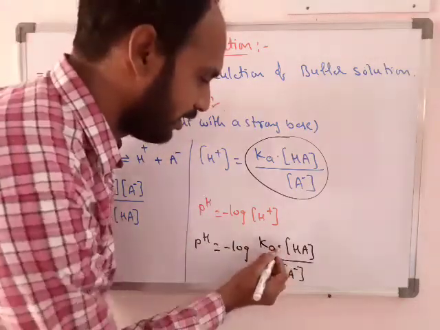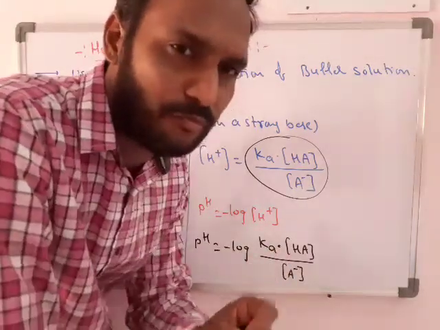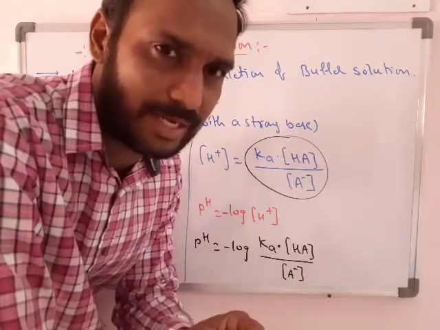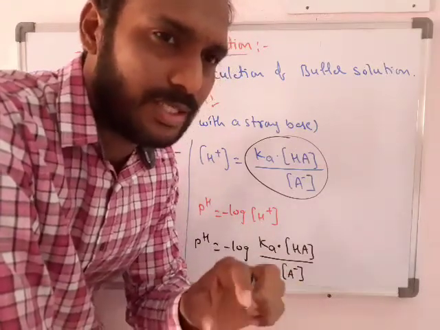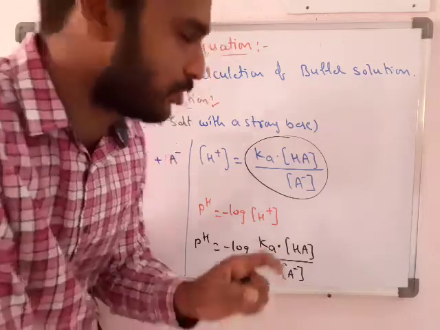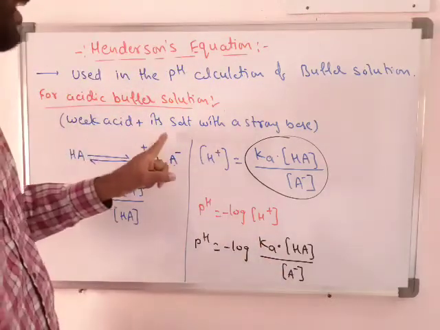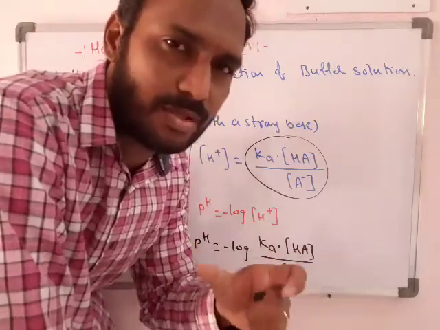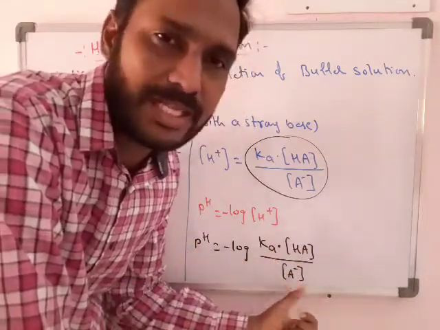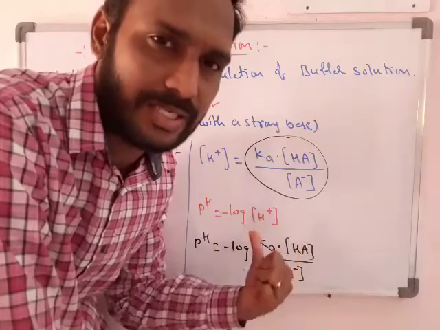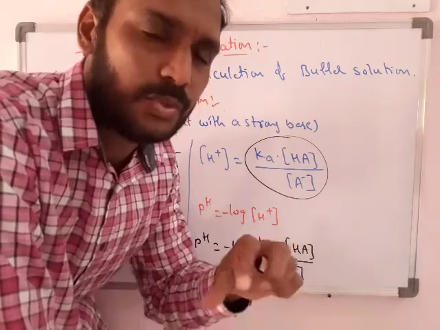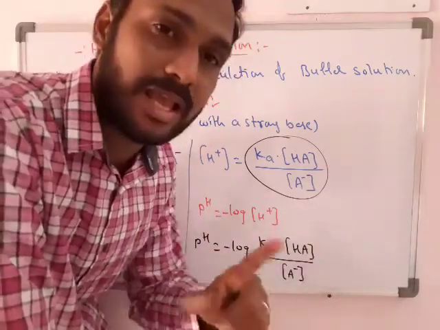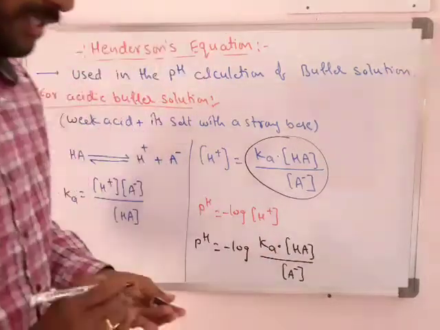The A minus is obtained from the weak acid dissociating into H plus and A minus. An acid buffer is also a mixture of a weak acid and its salt with a strong base. The salt is formed from the same weak acid with the strong base, so compulsorily A minus ion will be present in it also.